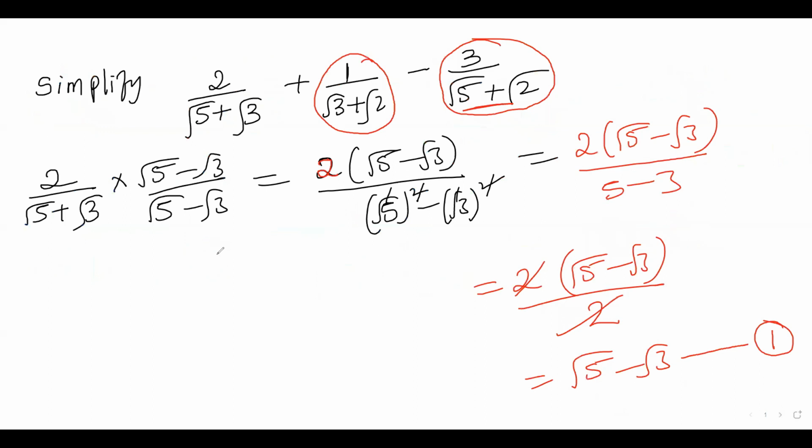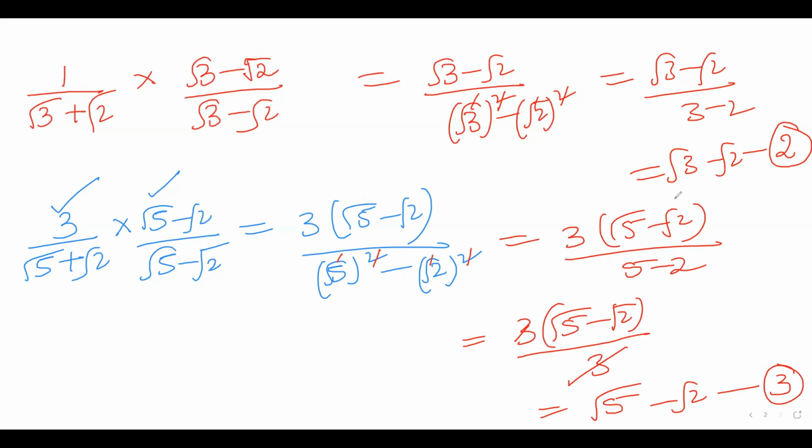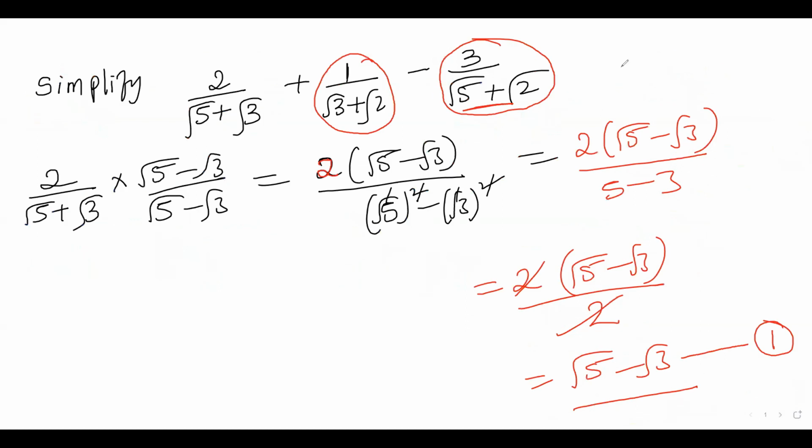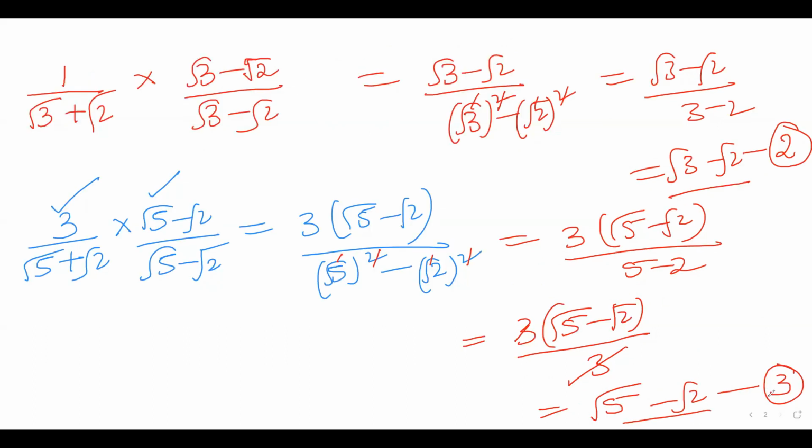So first term simplification. This is second term simplification. This is third term simplification. Let's write in order. We have first term plus second term minus third term. This is the order.